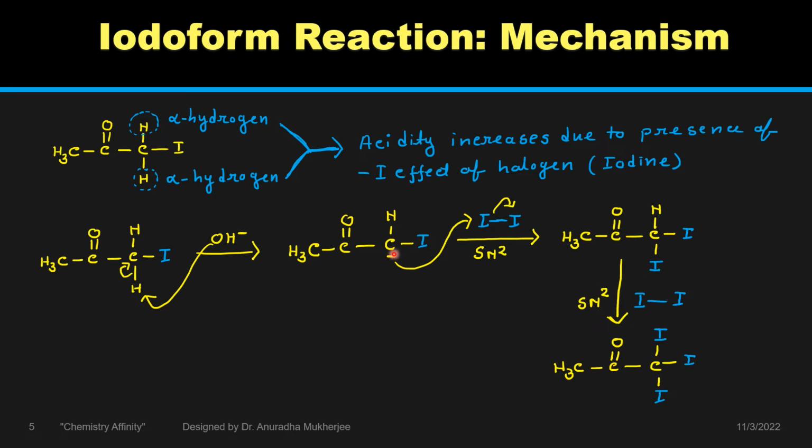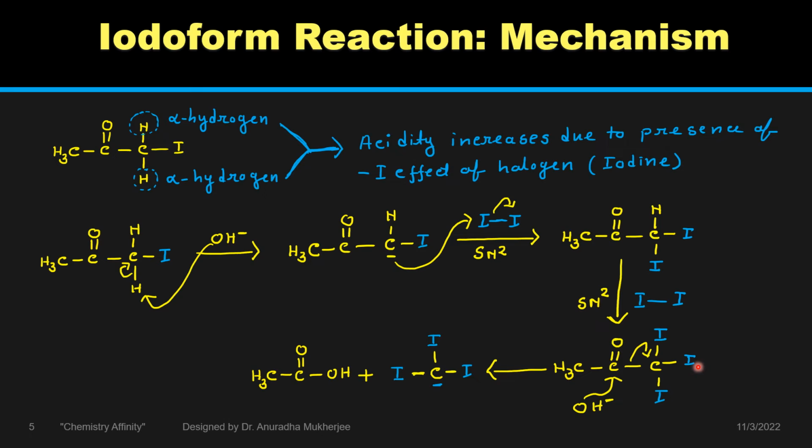So nucleophilic center attacks I plus and we are getting CHI2. Now this alpha hydrogen is more acidic, presence of 2 iodine and 1 carbonyl group. So again deprotonation takes place and 3 iodine now get associated with this carbon.